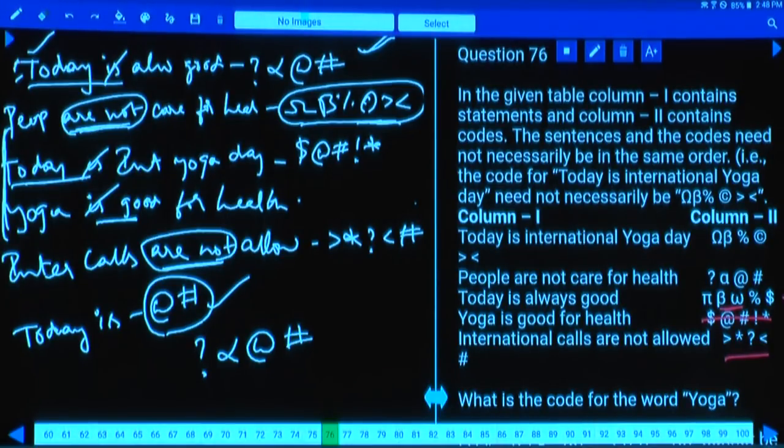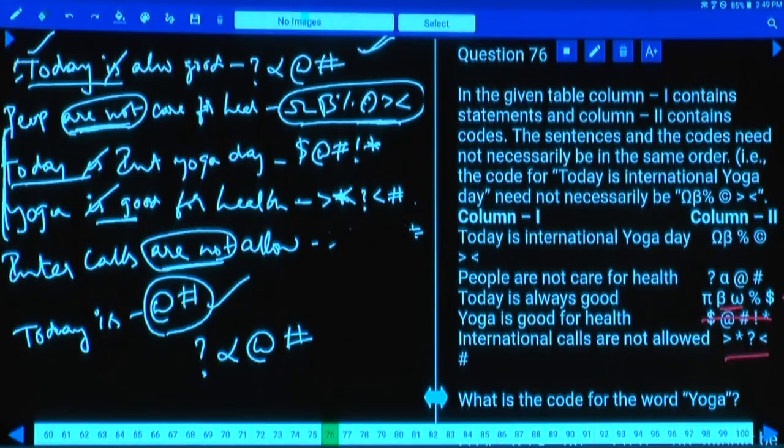Now in this, if you take this one, greater than, yoga is good for health, for and health. Then now greater than hash, sorry, star, greater than star, question mark, lesser than hash. And if you take this one, what are the symbols here?